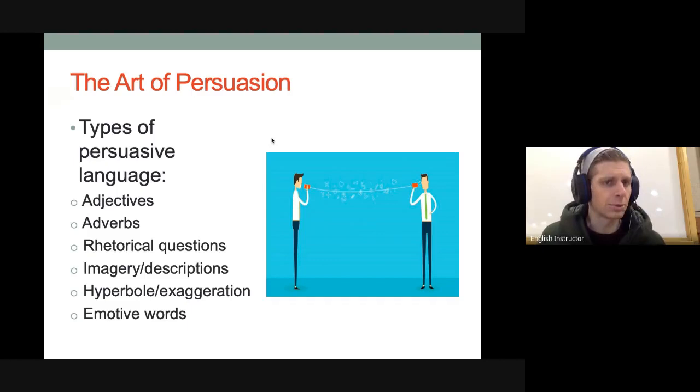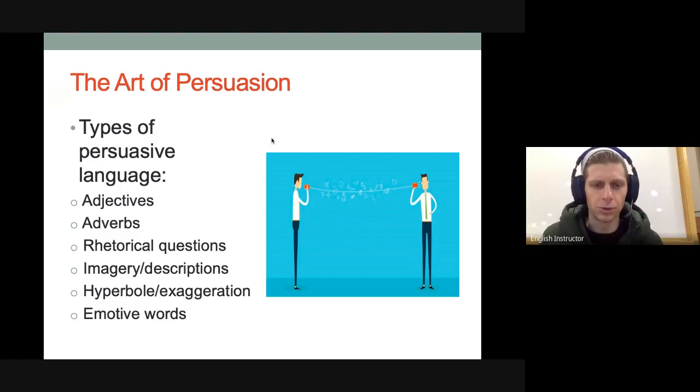So the different types of persuasive language that we use in our writing, you can see here we use adjectives, we use adverbs, we do use rhetorical questions, we use this idea of imagery, or what I'll call highly detailed descriptions.